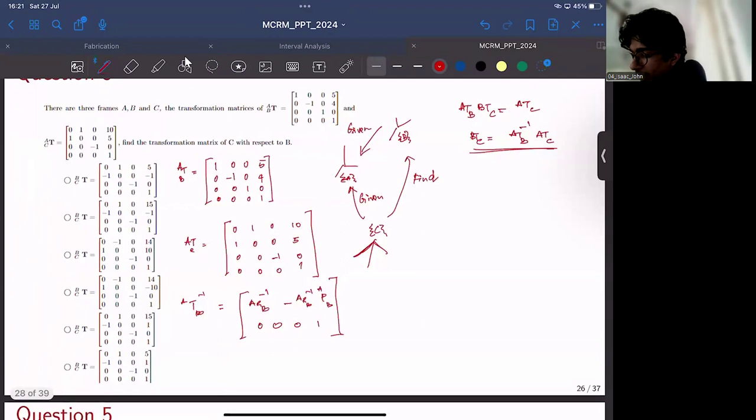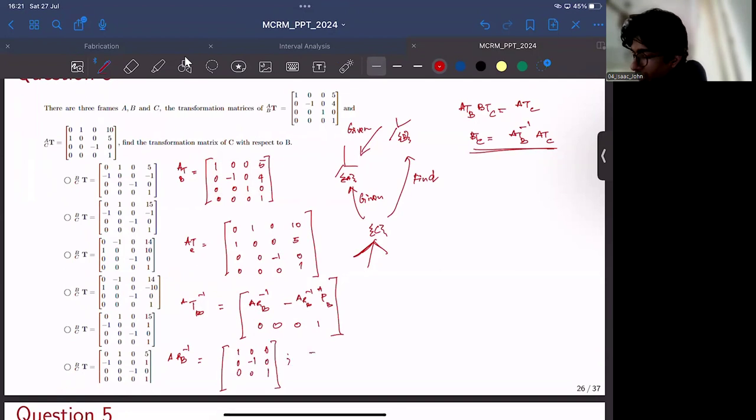Right? So what is ARB inverse? ARB inverse is nothing but the transpose of this rotational matrix. So that is nothing but 1, 0, 0, 0, minus 1, 0, and 0, 0, 1. Right?